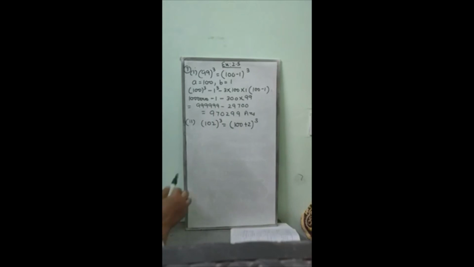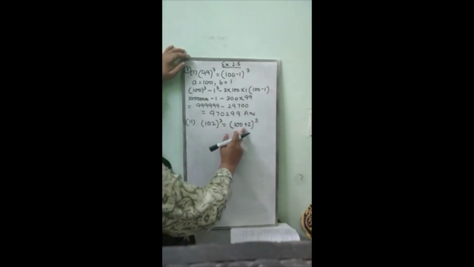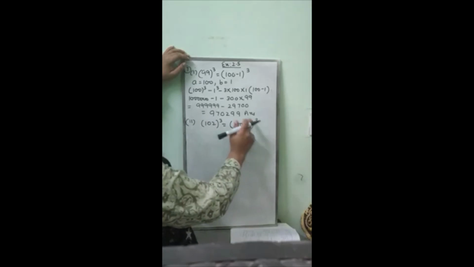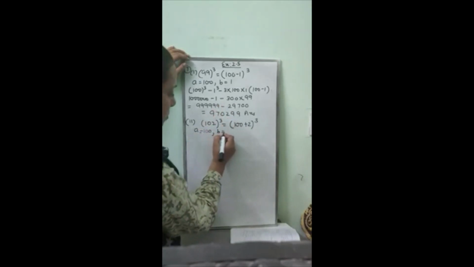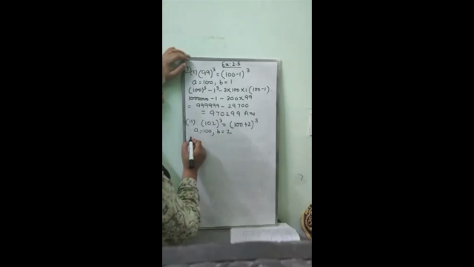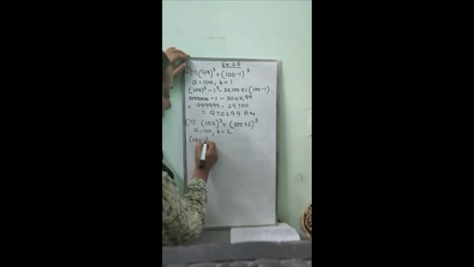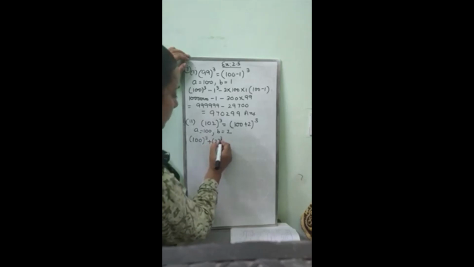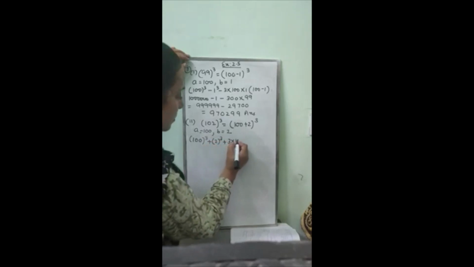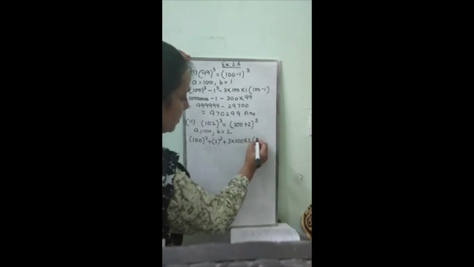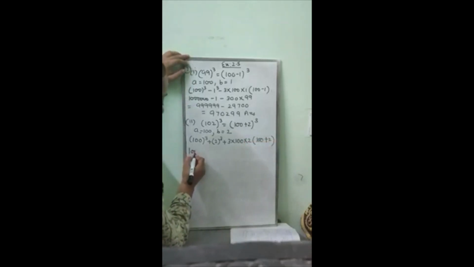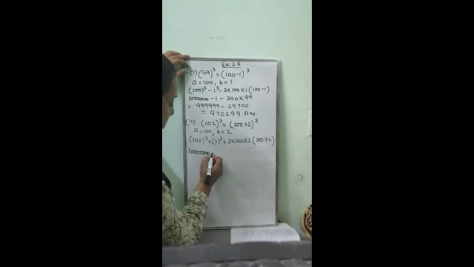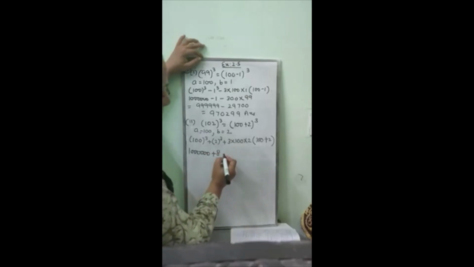970,299. Now in second part, this is 102 cube. It can be written as (100 plus 2) cube. a is 100, b is 2. Identity will be a cube plus b cube plus 3ab into (a plus b). You will get 1 with 6 zeros. 2 cube is 8.